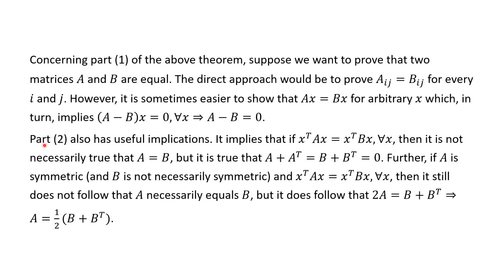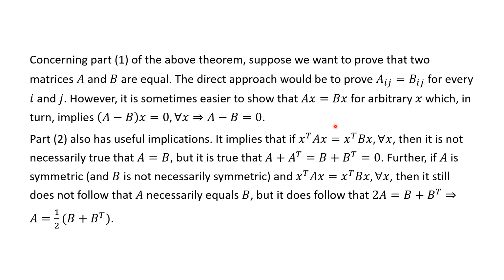And using part 2, we can do something similar, although it's not exact equality, but we can make a statement about 2 matrices. If the quadratic forms of A and B are equal, in other words, if these 2 are equal, we know it's not necessarily true that A equals B, but if we subtract these, we get x transpose (A minus B) x.